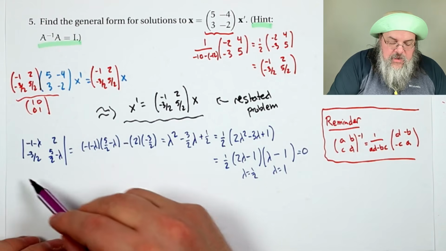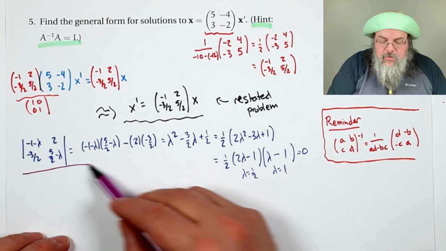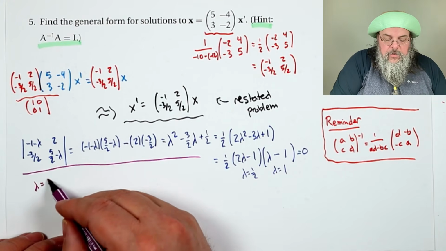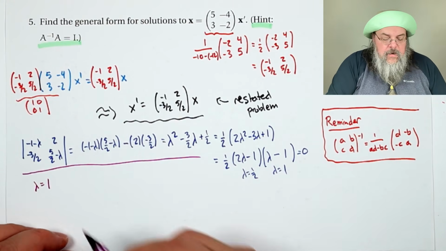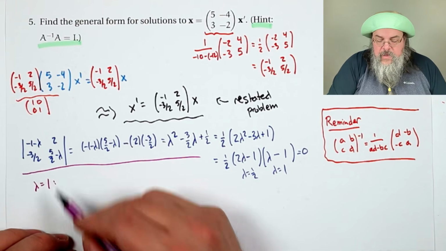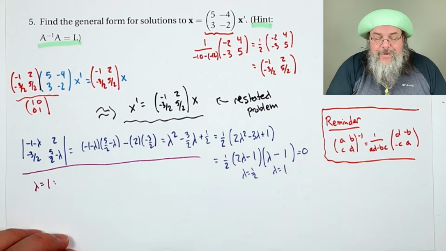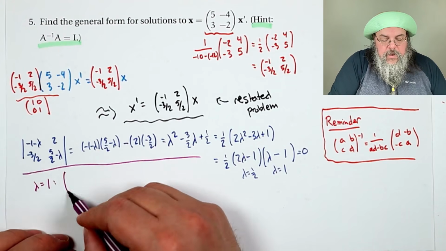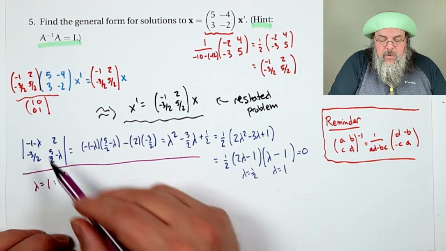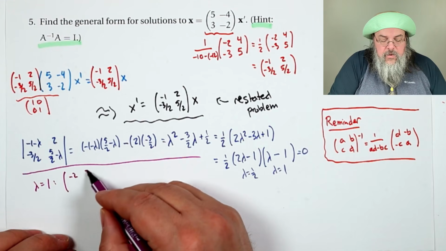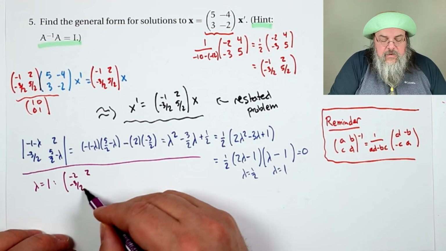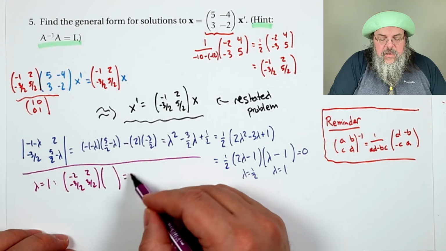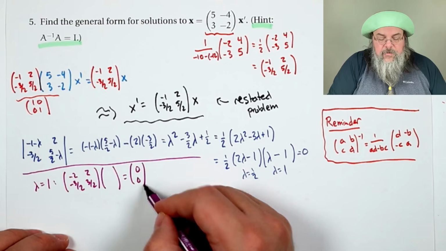We have distinct eigenvalues, distinct real eigenvalues, which means we need eigenvectors. Let's start with 1. No reason why, just pick one, doesn't matter. Okay, so we're plugging in lambda equals 1. We'll get minus 1 minus 1, that makes minus 2, 2, minus 3 halves, 3 halves, and we're looking for something that multiplies to give 0, 0.